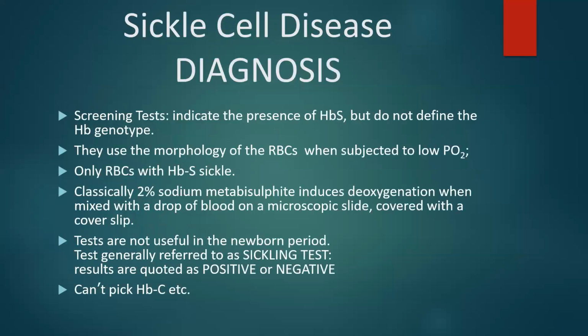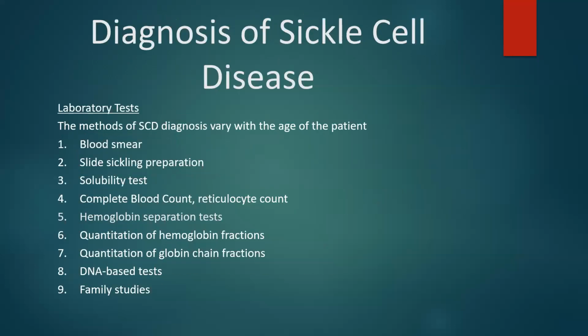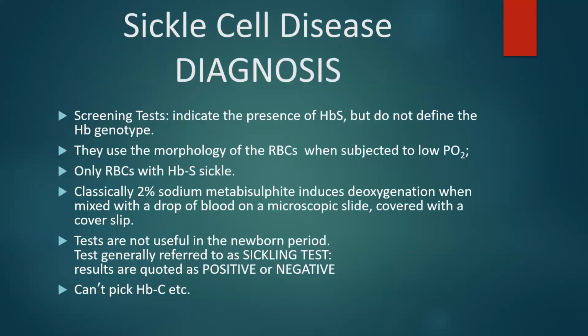So the sickling test involves the solubility test and then the sickling preparation. Mostly these will help us to know whether the person is carrying hemoglobin S, because this test picks hemoglobin S but cannot pick hemoglobin C or hemoglobin F, the fetal hemoglobin.